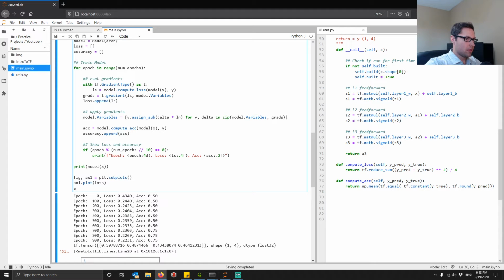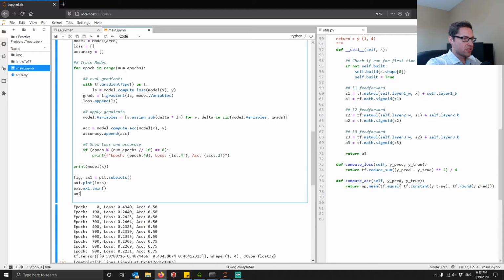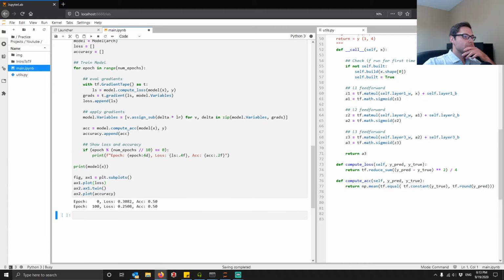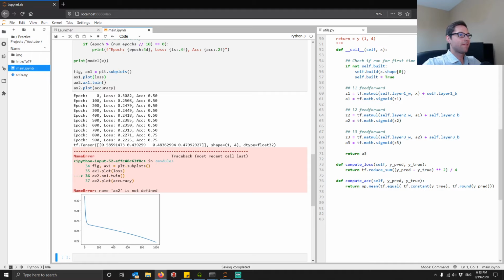And then we want to plot it on ax1.twinx. What this is doing is copying the same axis from ax1, twinning it so that we can take ax2 and plot the second one and overlap. That's what we want to do. And we called it accuracy up there, so we call it accuracy down here. Let's see if that works. ax2 is not defined.